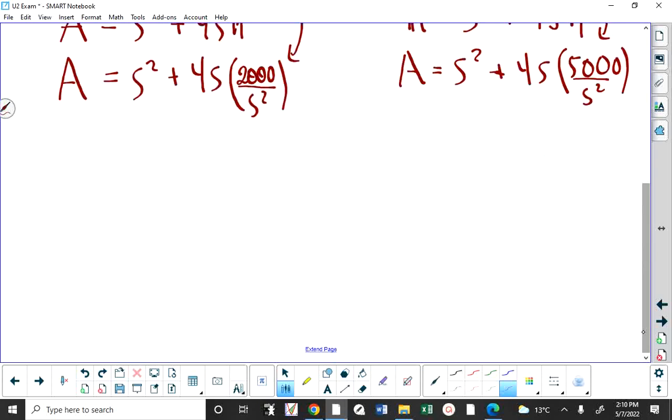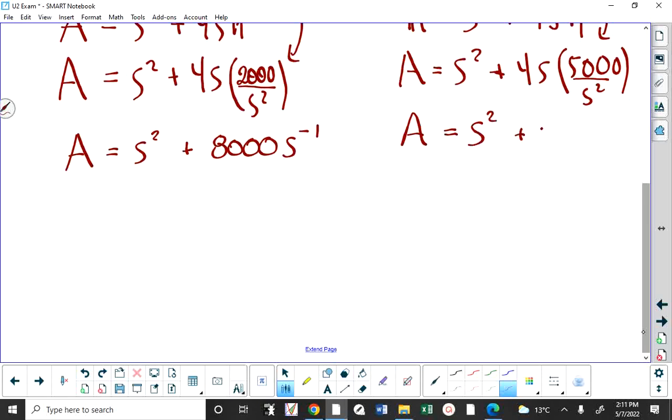Remember, with any max-min, everybody, you want to simplify completely first. So A equals s squared plus 8,000 s to the negative 1. Here, A equals s squared plus 20,000 s to the negative 1. We're almost home free here.